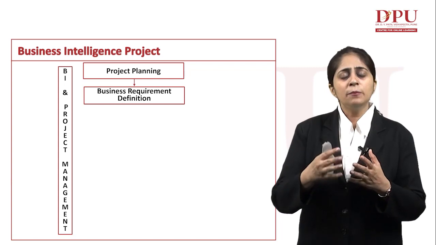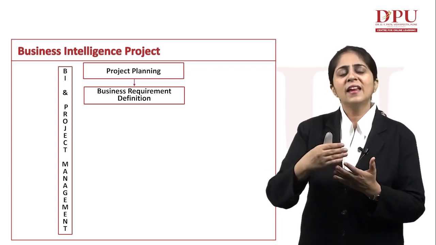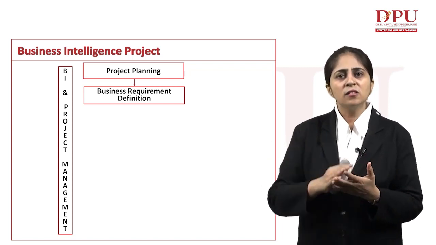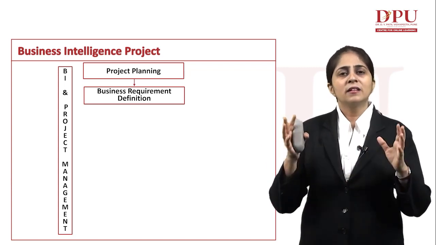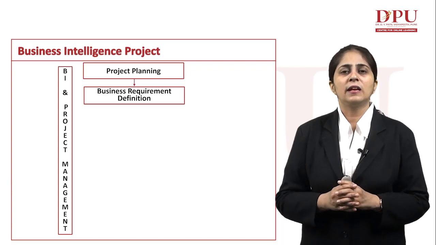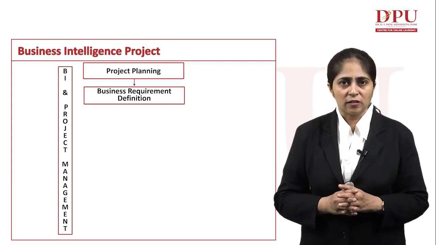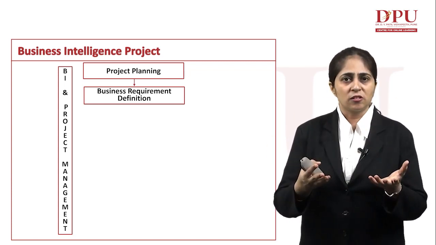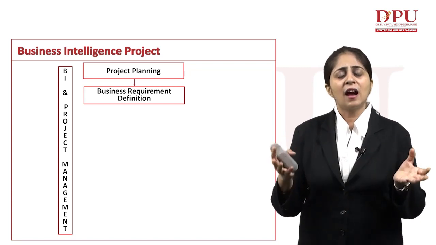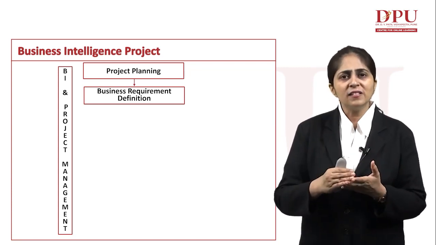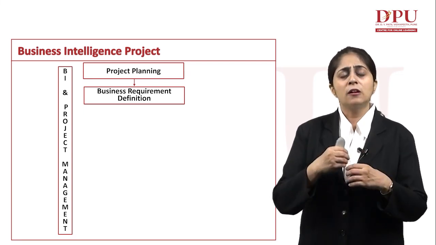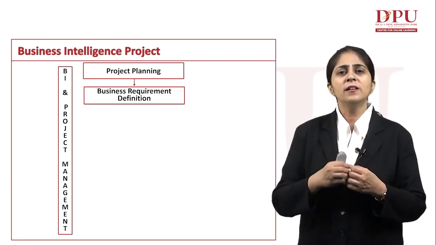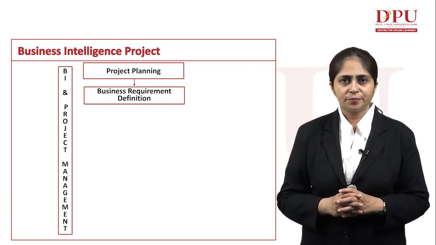This team will go to various executives, managers, and IT team people to understand what exactly they require from this project. What are their expectations? What all things are required? So the second step is business requirement definition.